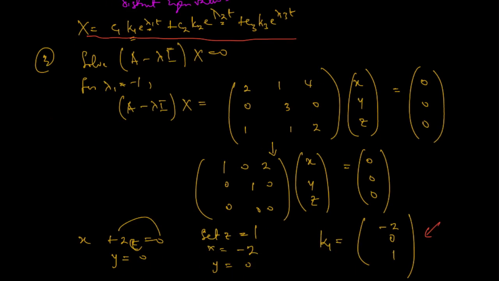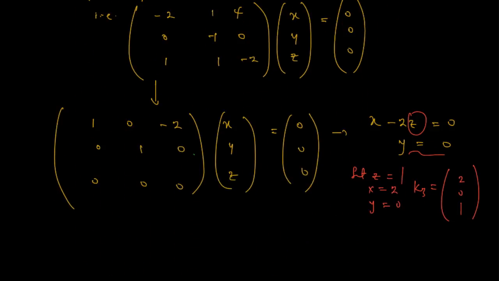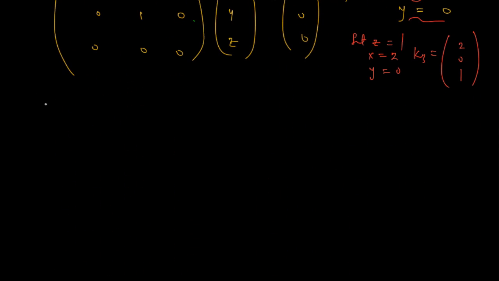So I'm going to go ahead and write that. Therefore, we said our x should be c1 k1 e to the power lambda 1 t plus c2 k2 e to the power lambda 2 t plus c3 k3 e to the power lambda 3 t. That's c1 into k1.